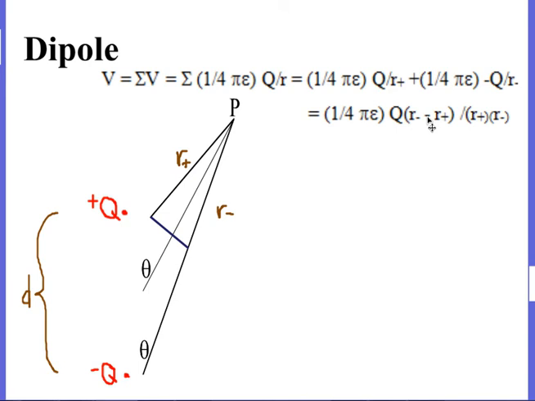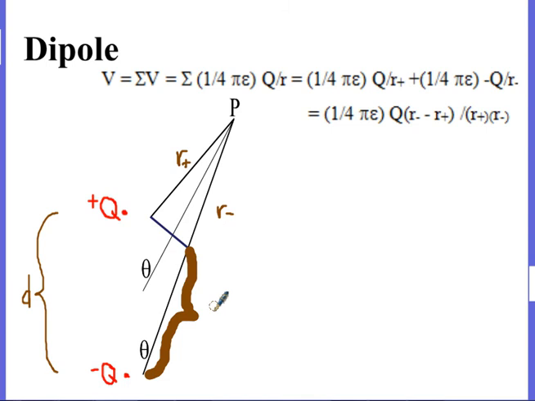Now I need to work with getting something that I can work with here. And what I'm going to do is to recognize that this r minus minus r plus is the same thing as, whoa, biggest drawing tool ever.